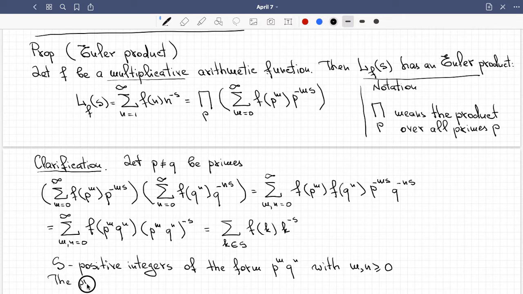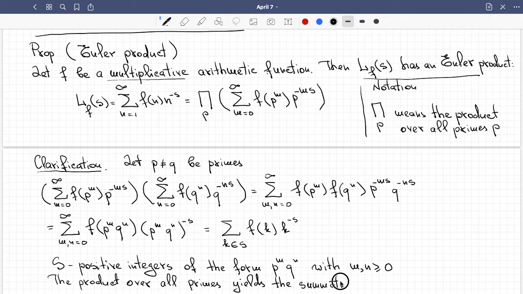So the product over all, not just two primes, is the summation over all positive integers.